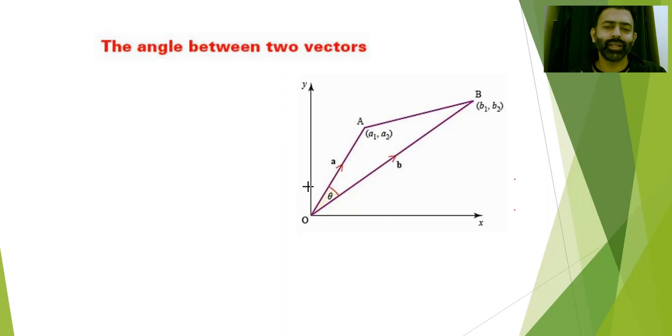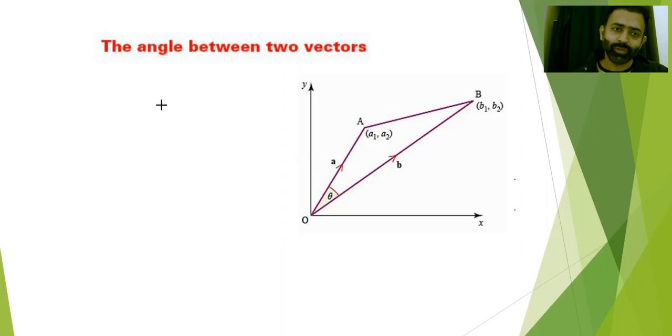In any given triangle, if you know two sides and an angle, and the third side also, you can find vector AB in terms of a and b by applying the triangular law of addition. That means you know all three sides and need to find the angle. So the cosine rule will be applicable, and I'm not talking about cos theta of any right angle triangle. I'm talking about the cosine rule, which is a square plus b square minus c square upon 2ab.